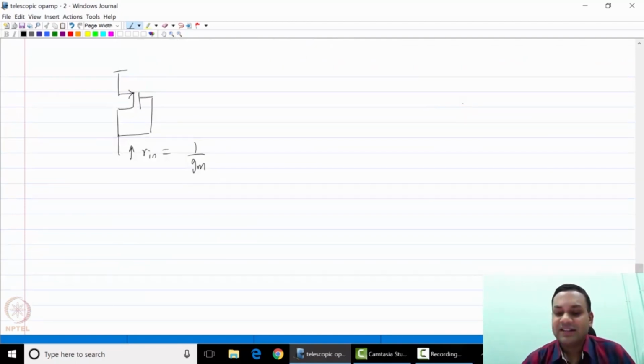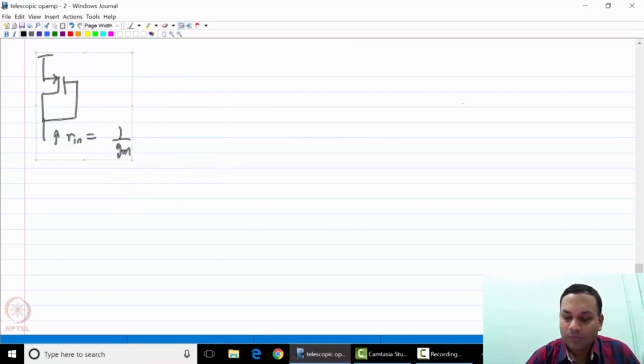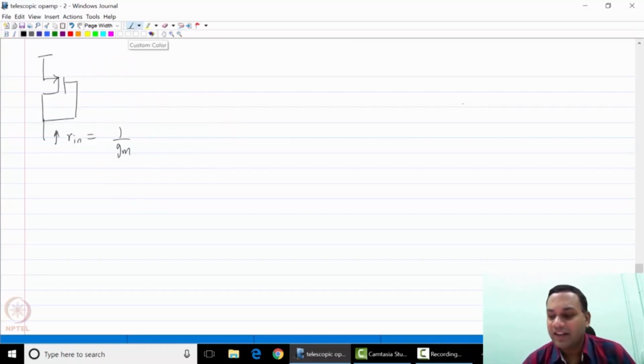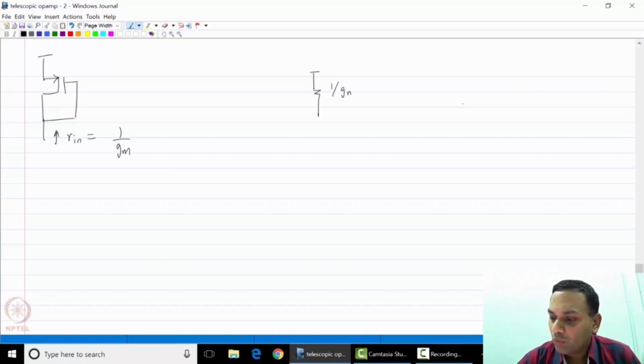This simplifies the equation a lot for us, because the small signal model can now be simplified in a large manner. So we will now draw the small signal equivalent circuit for the overall system. The impedance looking upwards is simply 1 over gm, and the voltage Vx is this current, let's call that I, times 1 over gm.